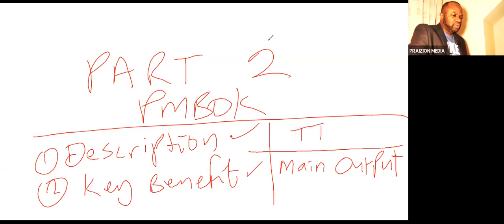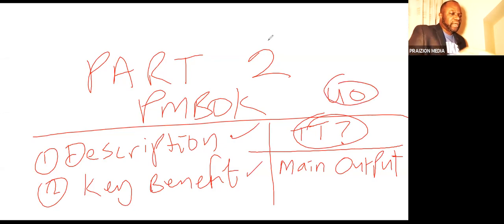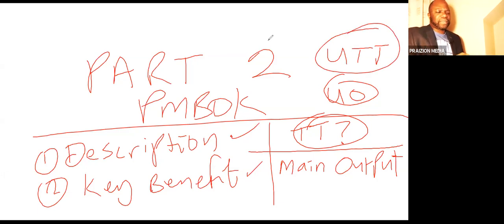How are you going to know your unique outputs or your unique tools and techniques? So we have unique outputs. These are outputs that only appear from one process or maybe a couple. You have your unique tools and techniques. These are the tools and techniques that are only used in one place, a couple of places at most.